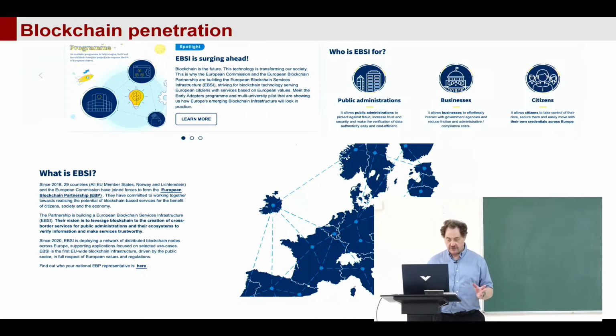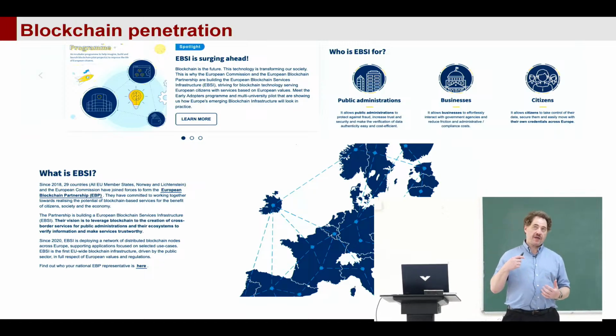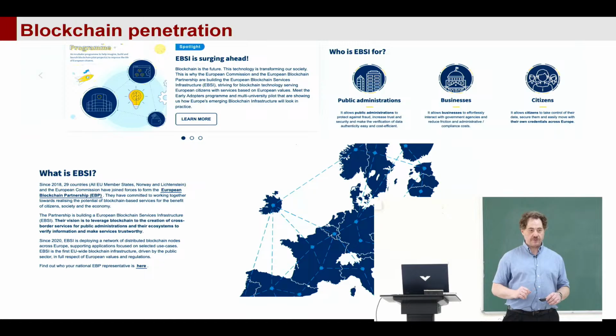And the vision is to leverage blockchain for the creation of cross-border services, so that, for example, a diploma or a vaccination certificate against COVID, against any disease, could be issued in one country, put on blockchain, and verified in the different countries.